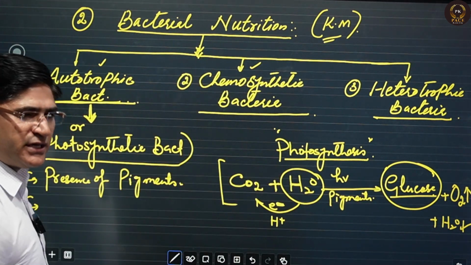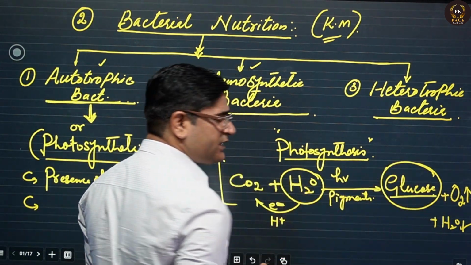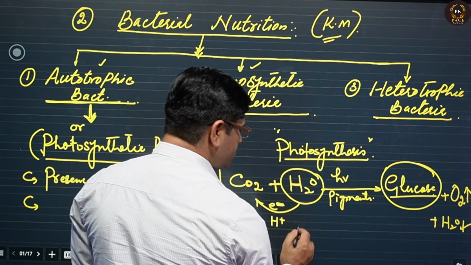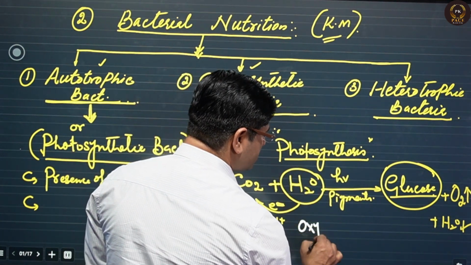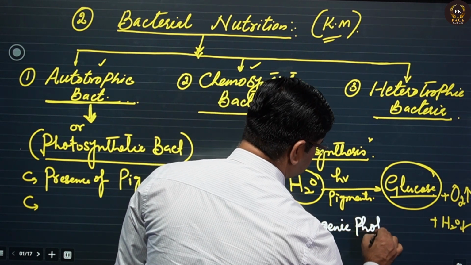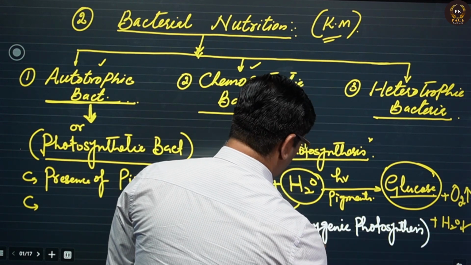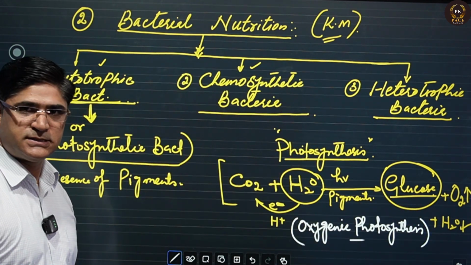Then oxygen is being released. The photosynthesis process where oxygen is released is also known as oxygenic photosynthesis.